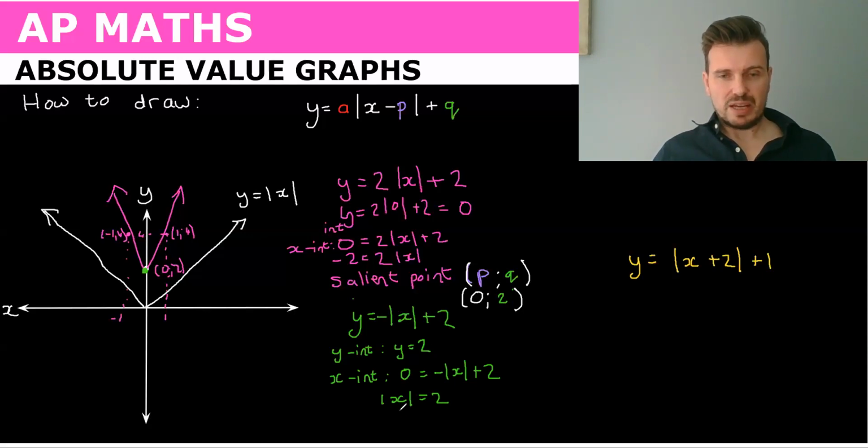Because say we had x as plus x, it would still become 2. So plus x is 2 and minus x is also 2. So if this value was negative 2, we would still get a 2.